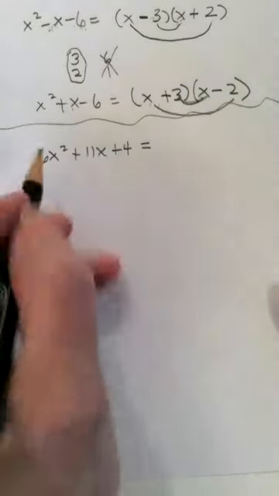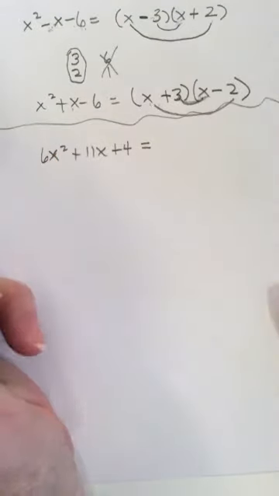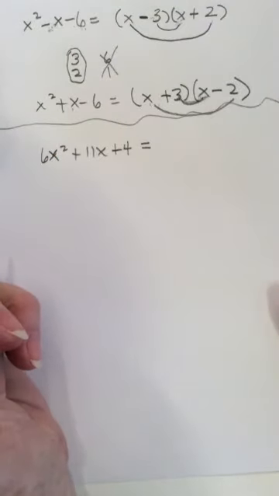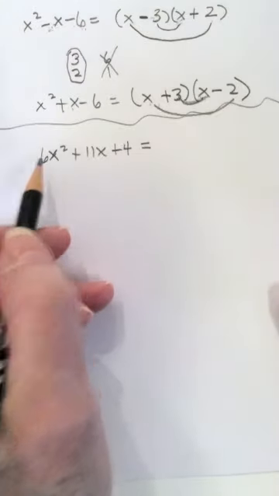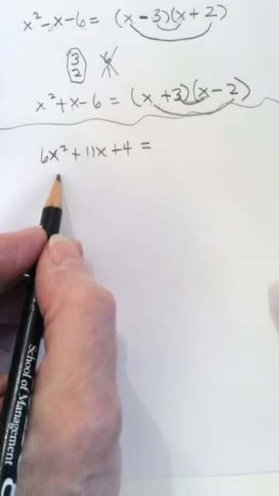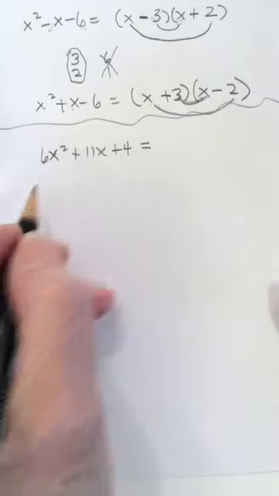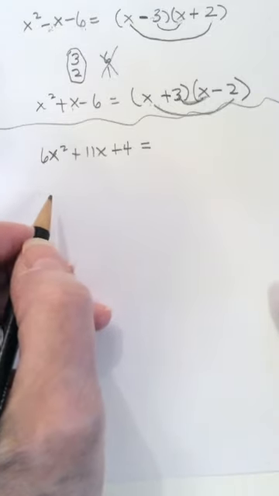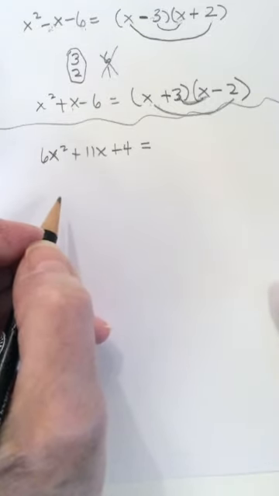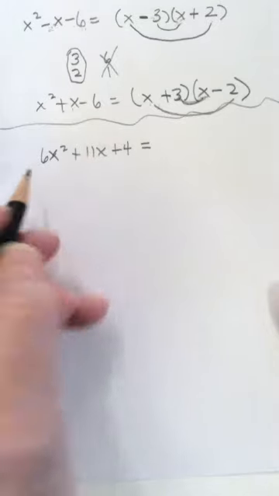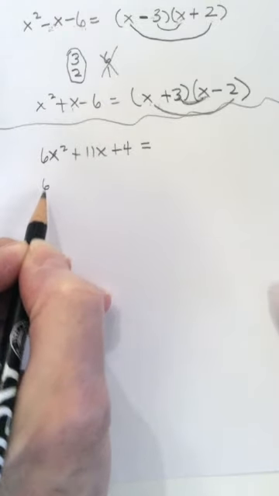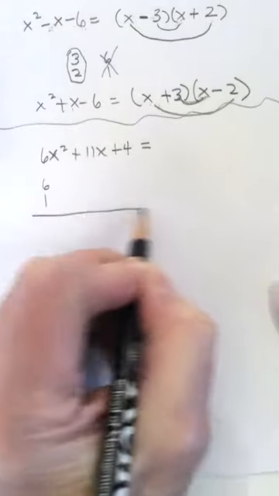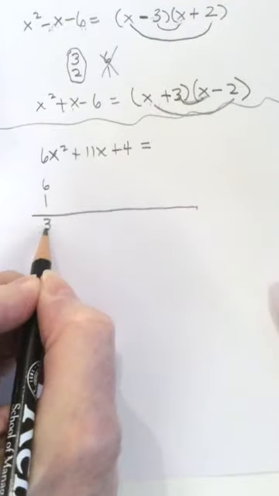The way I have urged students for decades to do this, and they're generally grateful, so I hope you will be too, is to make a list of the ways I can get 6. I can get 6 by either taking 6 times 1 or 3 times 2.